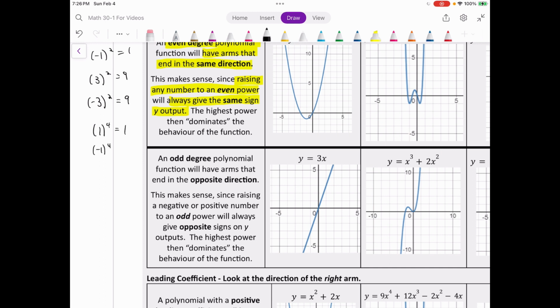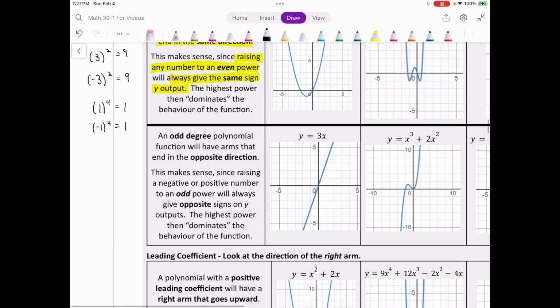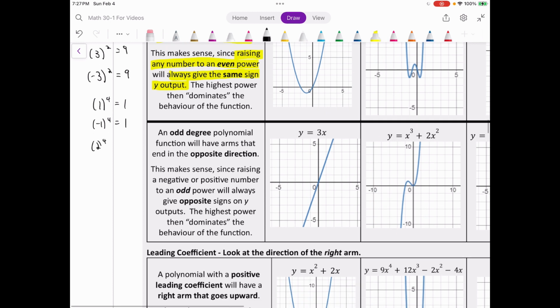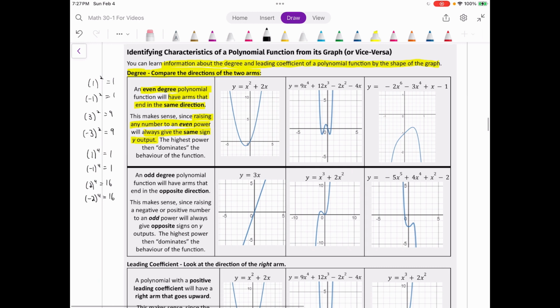Negative 1 to the power of 4 is also positive 1. 2 to the power of 4 is 16. Negative 2 to the power of 4 is also positive 16. So as x goes to negative infinity or to positive infinity, if the degree is even, we still end up with the same sign on our y, right? And that's why both arms go up or both arms go down.